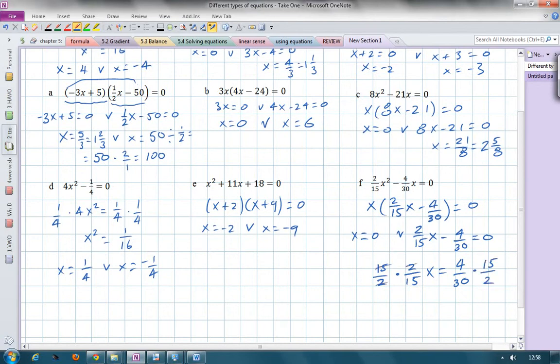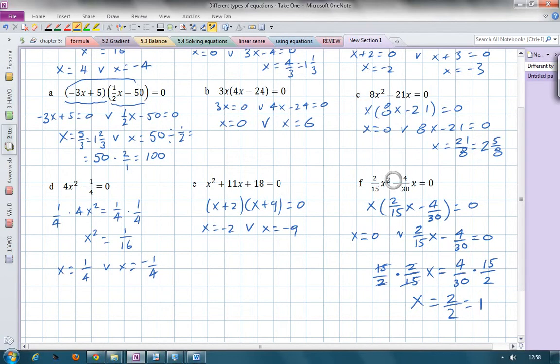The 2's cancel here, 15 obviously, leaving the x on this side alone. Then I have 4 divided by 2 gives me a 2. 15/30 is a half, and apparently x is going to be equal to 1. Let's see if that is true. It is, isn't it?